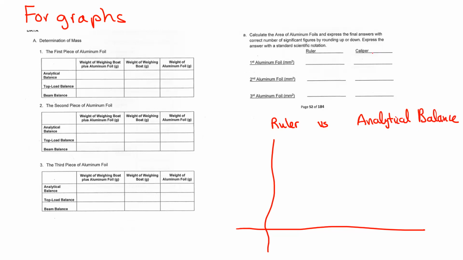For the ruler, from page 52, you will utilize this set of data. These are the areas that you have calculated in millimeters squared. And then for the analytical balance, you take the 3 different masses that you recorded.